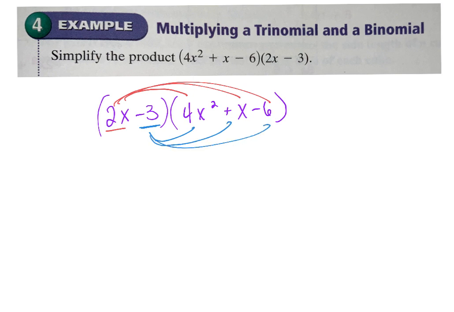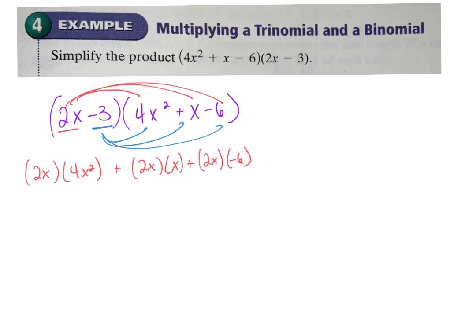And so I'm going to say 2x times 4x squared plus 2x times x plus 2x times negative 6. And then I'm going to add to that my negative 3 times 4x squared, negative 3 times x, and negative 3 times negative 6.